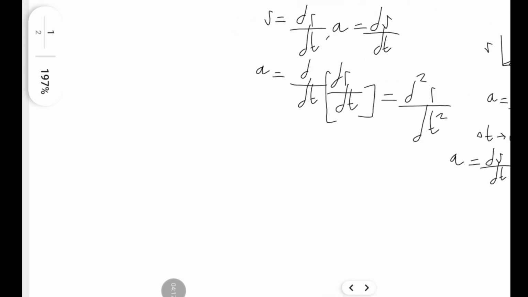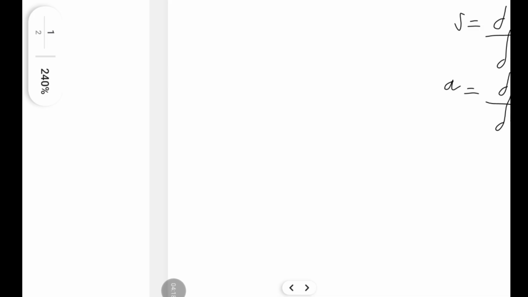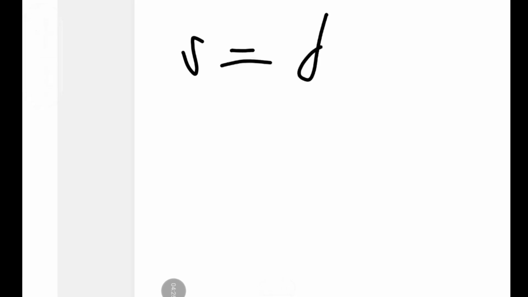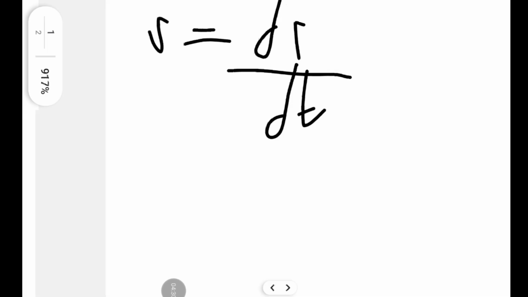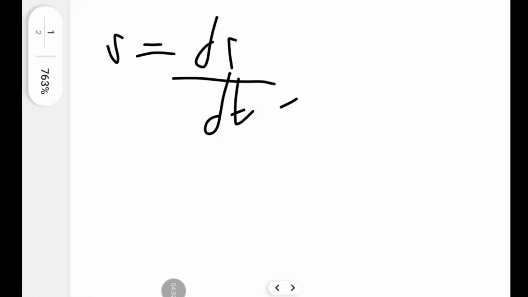Now, if we actually want to look at SUVAT, we want to define it a bit more. The first equation is velocity equal to dr by dt. To get a SUVAT equation, we need to rearrange it into this form.